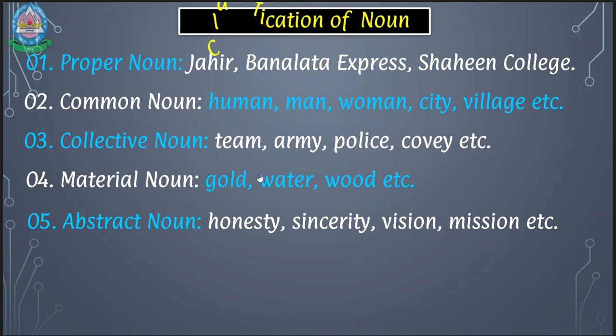Water is a material noun. Water is the component of making wetlands, rivers, etc. And wood is also a material, the component of making wooden things like furniture, etc.